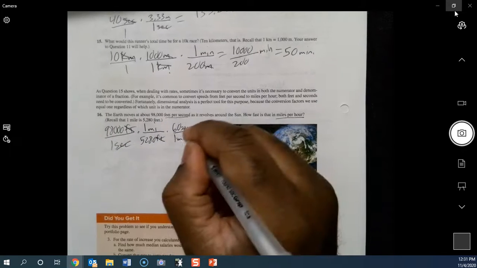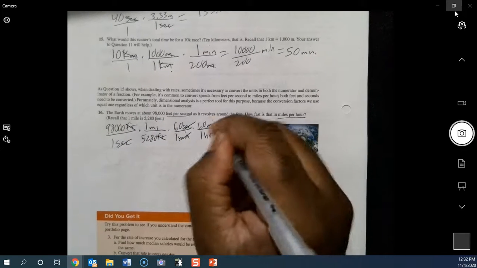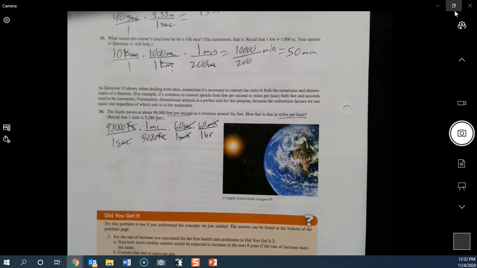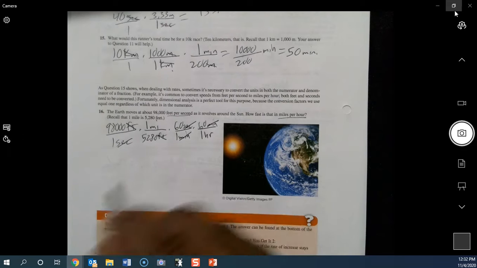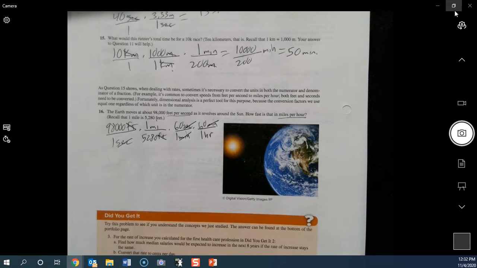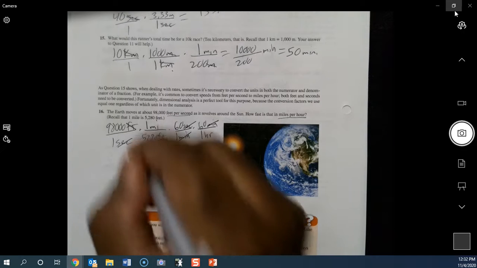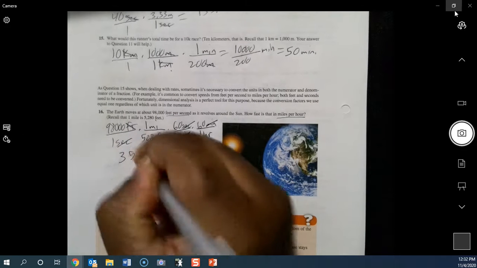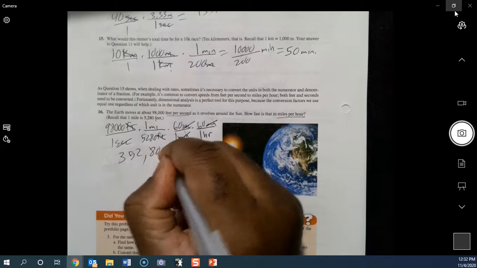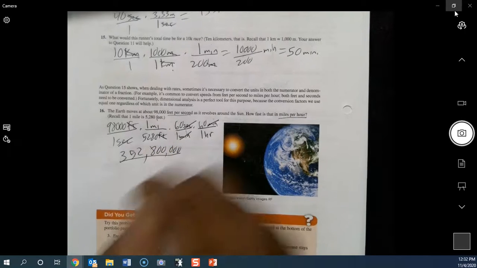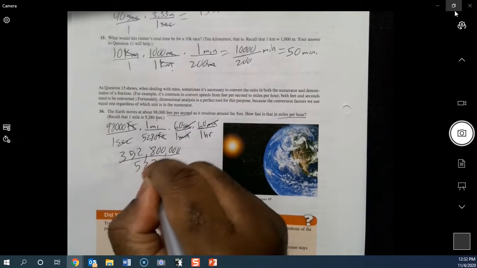The seconds would simplify each other out. And the minutes would simplify each other out. So now, when we multiply all of this, this would give us 352,800,000 divided by 5,280.